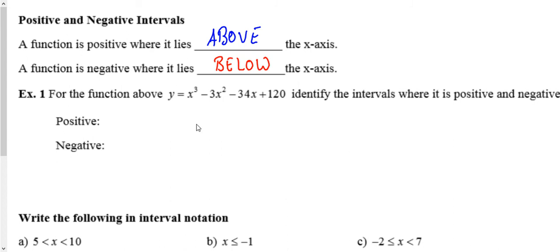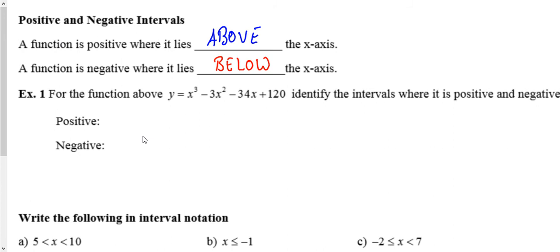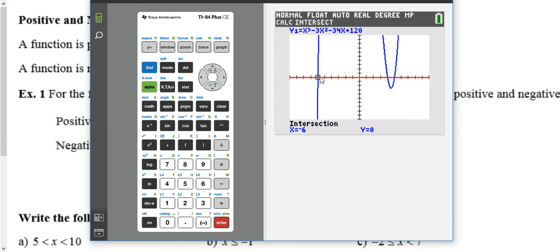For this equation, which is the exact same equation that we just graphed and factored fully, it's asking you to identify the intervals where the function is positive and negative. So basically, where in our graph is it above the x-axis and where is it below the x-axis?